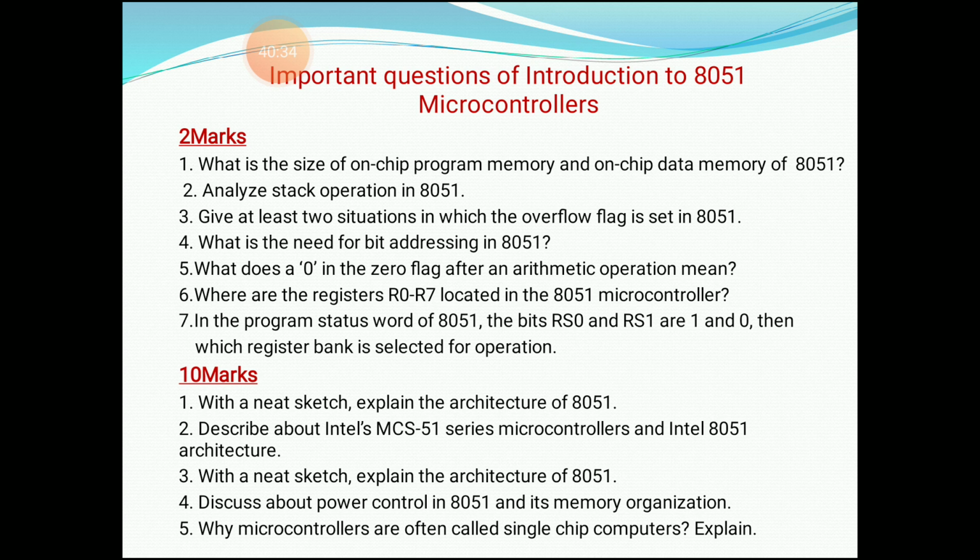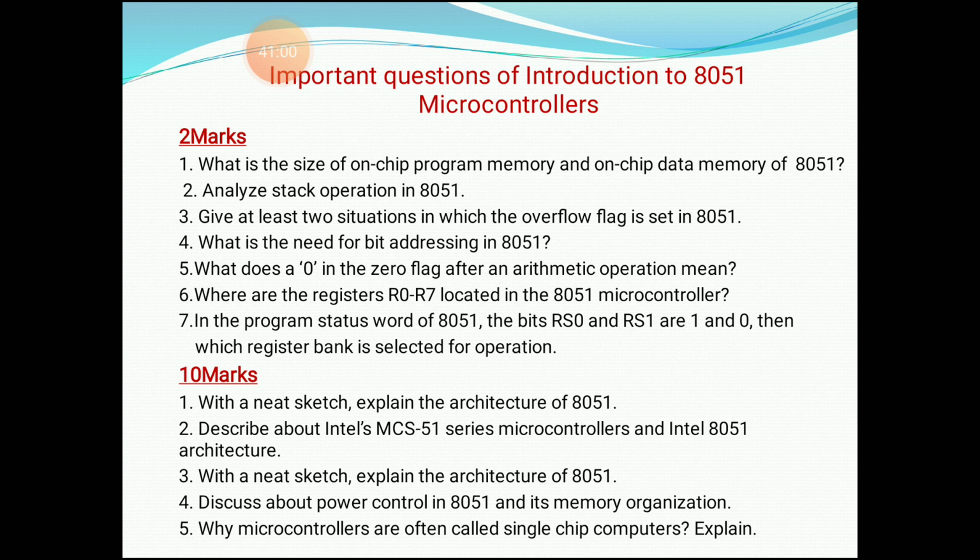These banks are selected based on 2 bits RS1 and RS0 in the PSW register format. So these registers are available in internal RAM memory from 00 to 1FH. These 32 bytes belong to register banks, with registers R0 to R7 reserved.